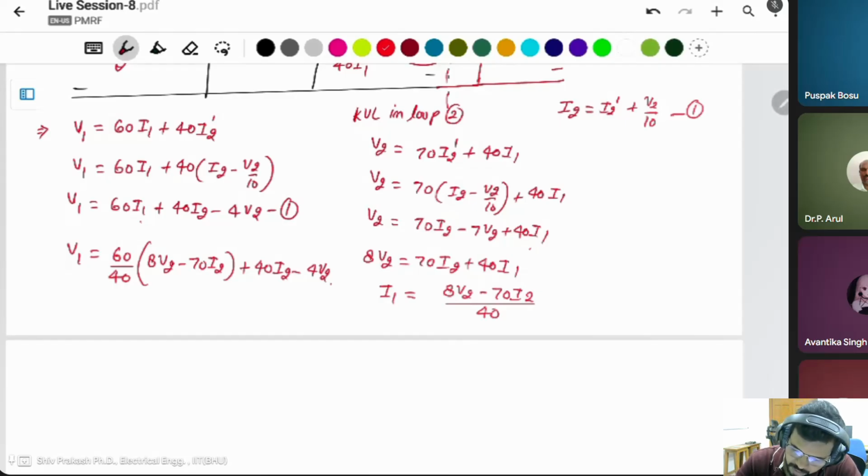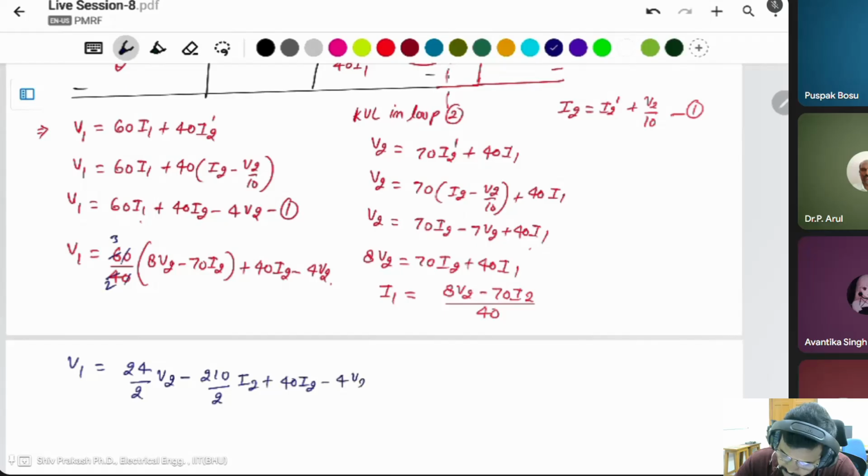You can cut this 0 to 0. This is 3, this is 2, 3 by 2. Then V1 is equal to 24 by 2 V2 minus 210 by 2 I2 plus 40 I2 minus 4 V2.